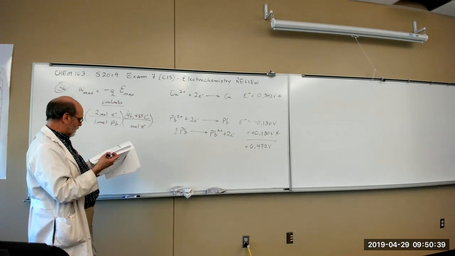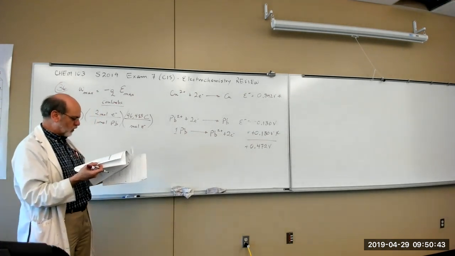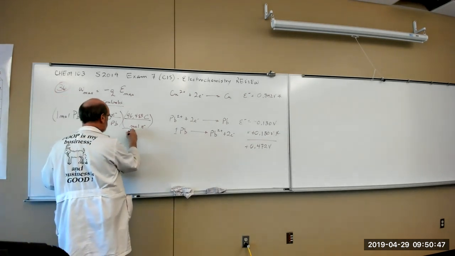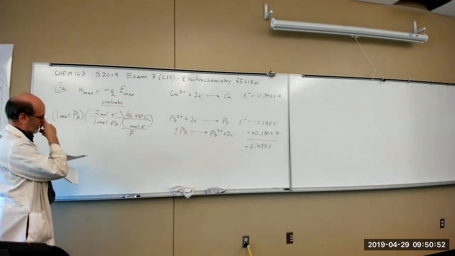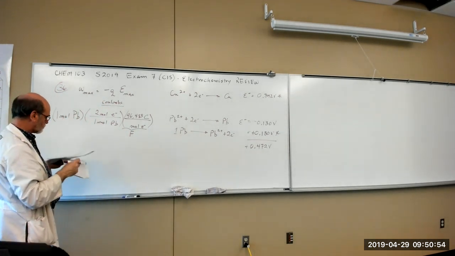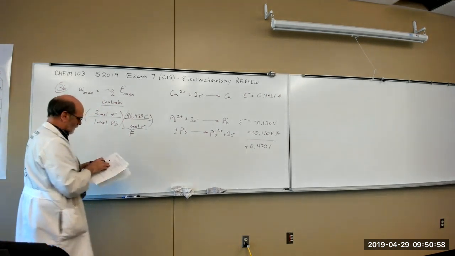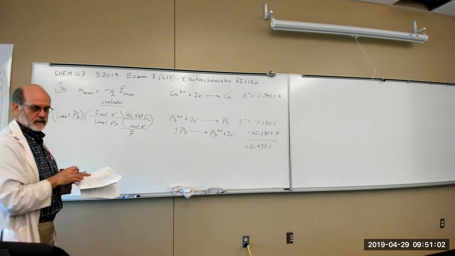This is called the Faraday: 96,485 coulombs per mole of electrons. This whole thing here is equal to the Faraday constant. Which column is it again? Second column from the left, about 2/3 of the way down. I found it. Yeah.